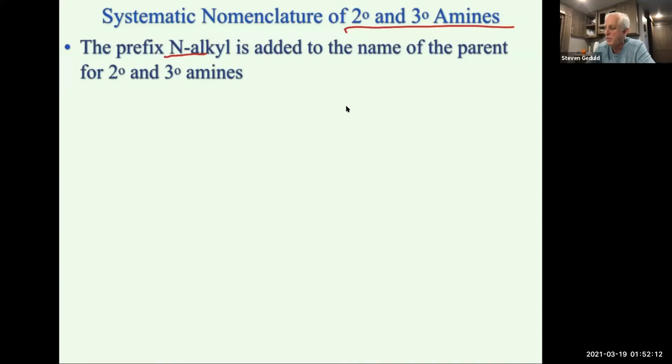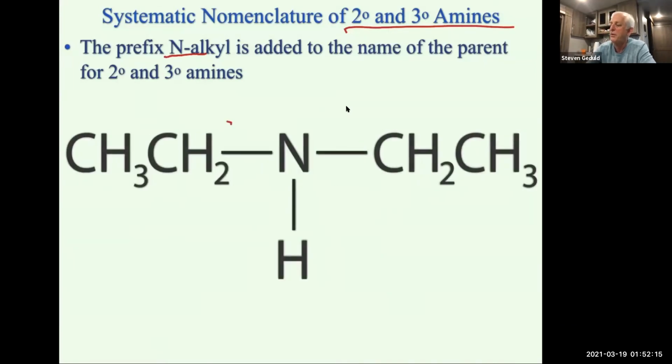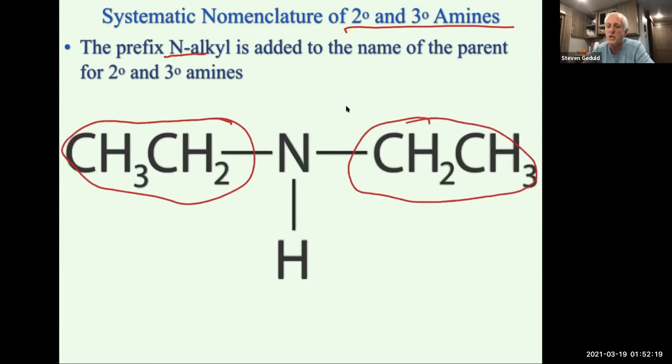So now we have 2 groups attached to it. We're still going to name the original one. I usually go in by size, so we'll take the largest one and put it as ethanamine, and we have an ethyl group attached to it. So it'd be N-ethylethanamine.